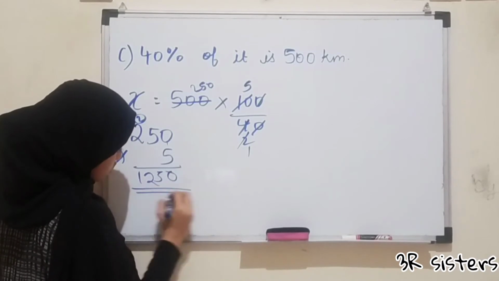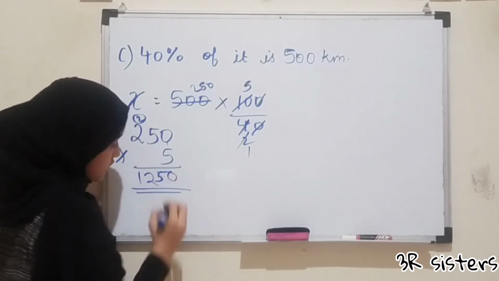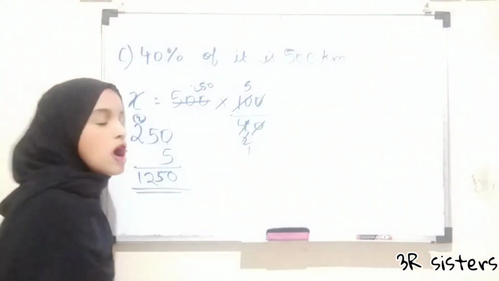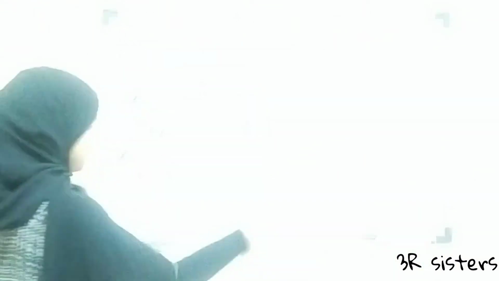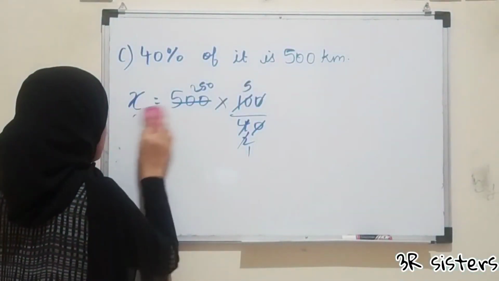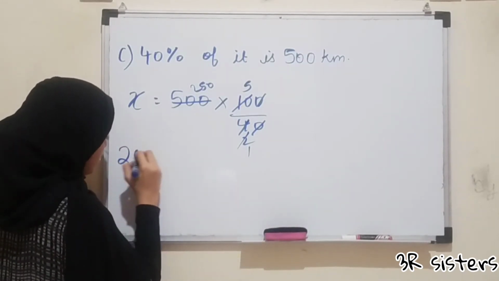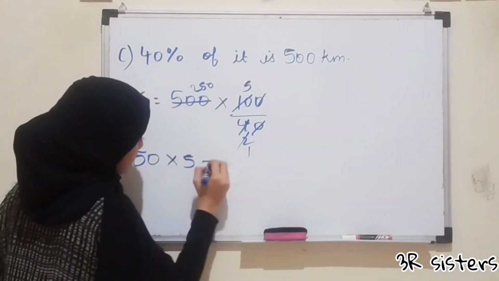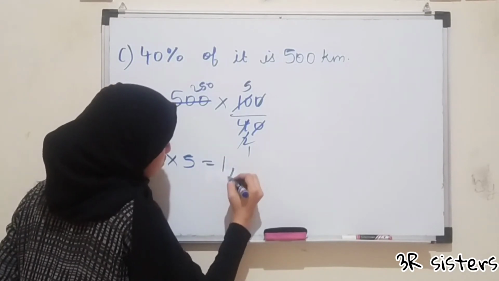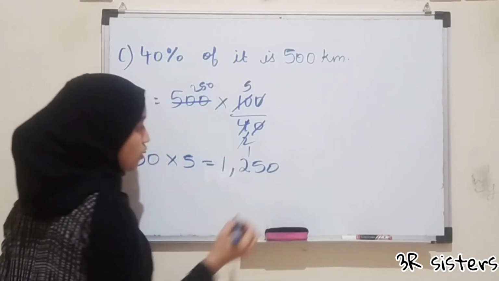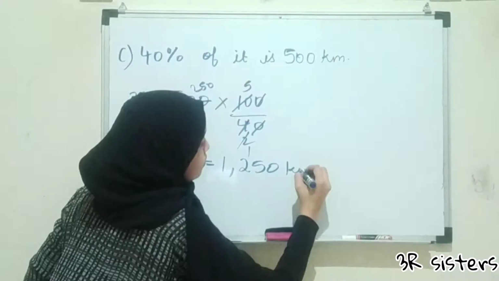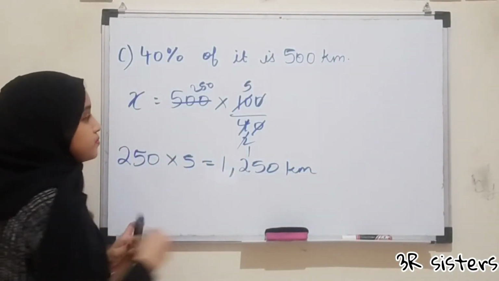Okay, so the answer we get is 1250. So when we multiply 250 into 5, we get 1250. Okay, 1250 what? Kilometer.